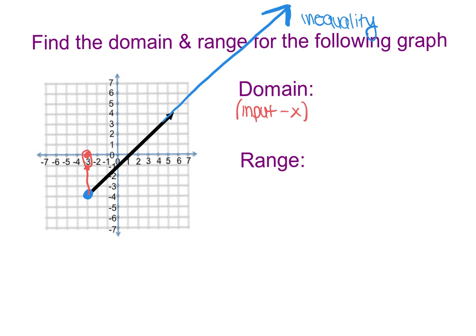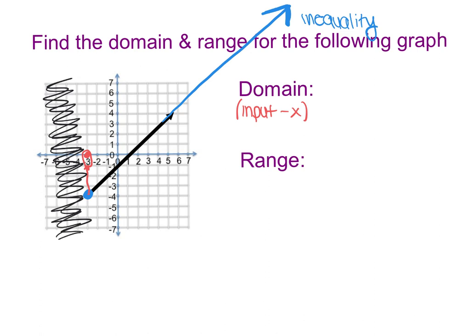And what I notice is that the graph really doesn't exist on the left-hand side of x is -3. Do you see that? How I can pretty much scribble out this part of the graph, and you can still see my entire line, because the entire line is still over here, and it's pointing to the right, so it continues to the right. So I don't need any of the x values on that left-hand side.